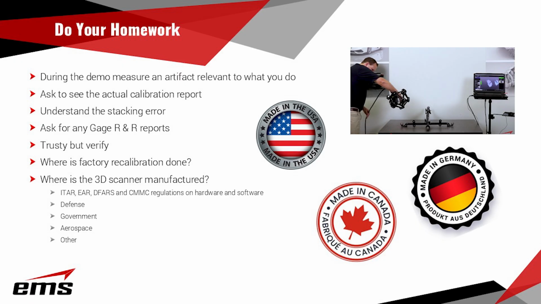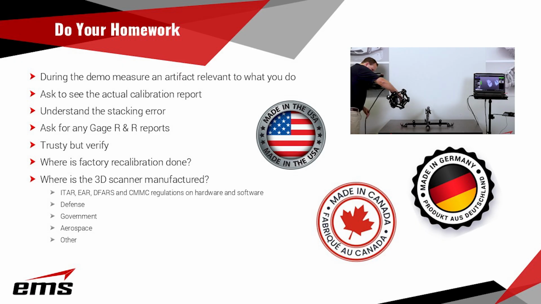Another important thing is where is the 3D scanner manufactured? Because we're seeing a lot of scanners that aren't necessarily made by the company representing it, and it may be made elsewhere. Now, what does that mean?